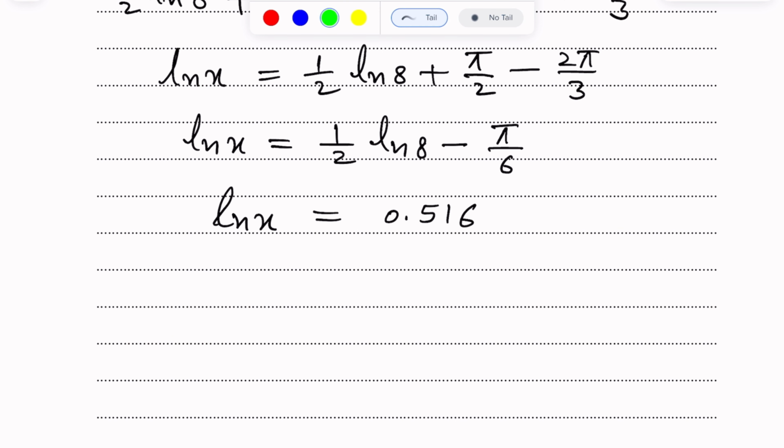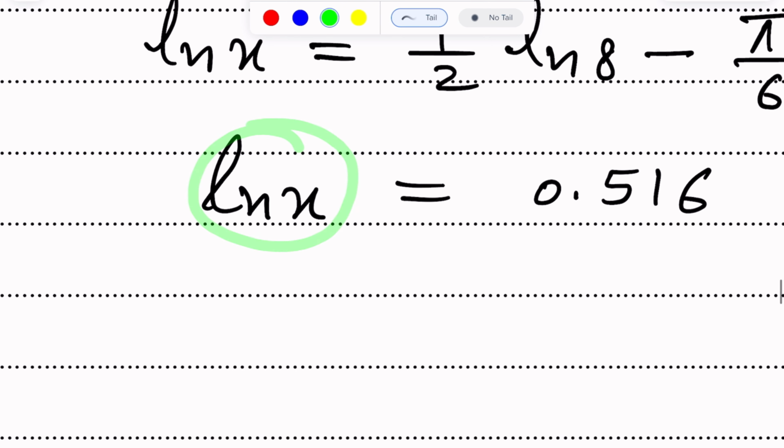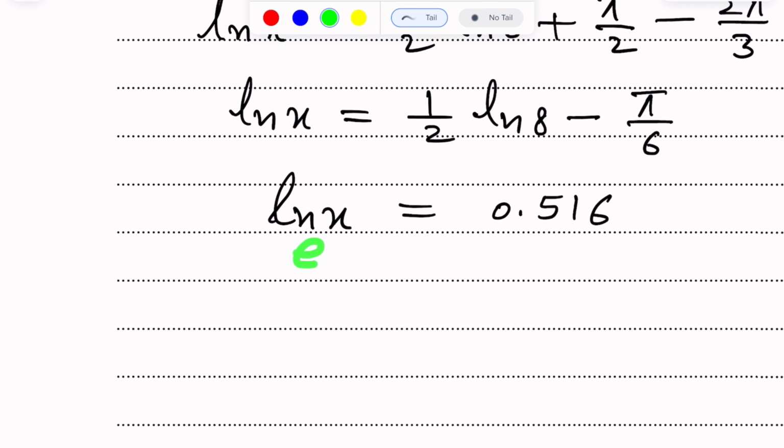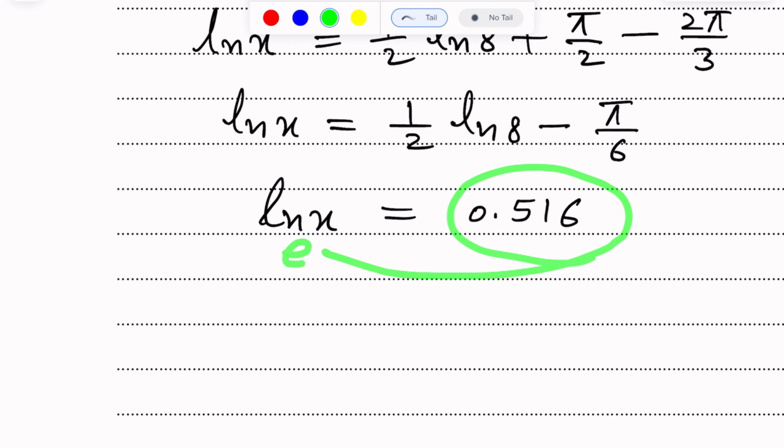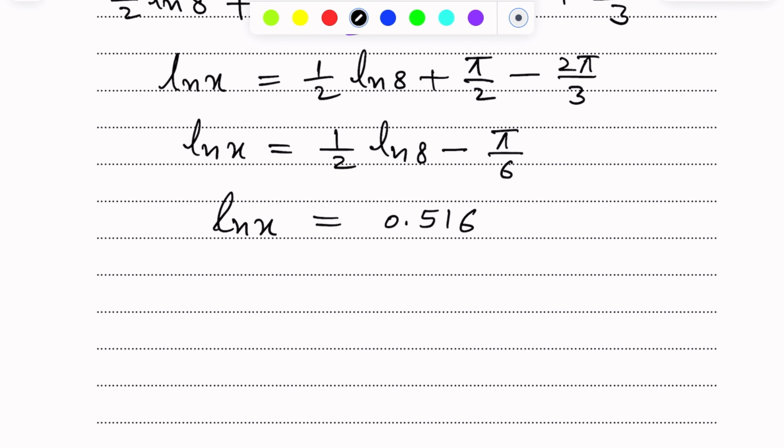We know that log x is a natural log, here the base is e, so x is equal to e power 0.516.